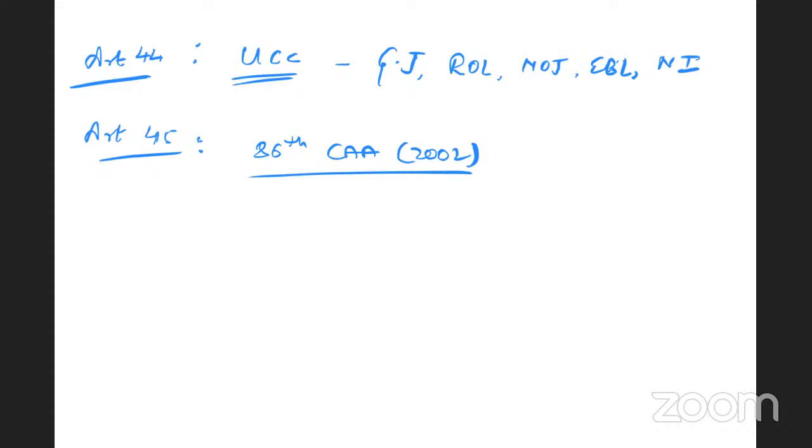So now this Article 45 says that the state is to provide early childhood care and education to all the children below the age of 6 years. This is about Article 45 of the Constitution.